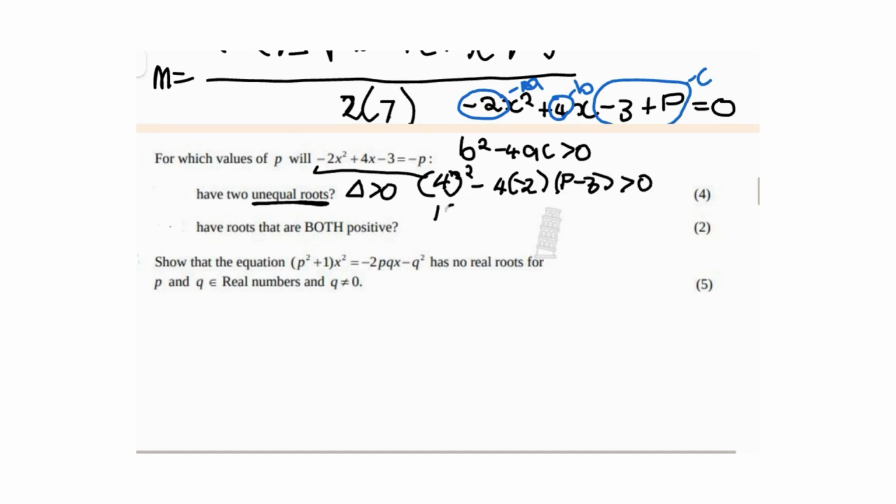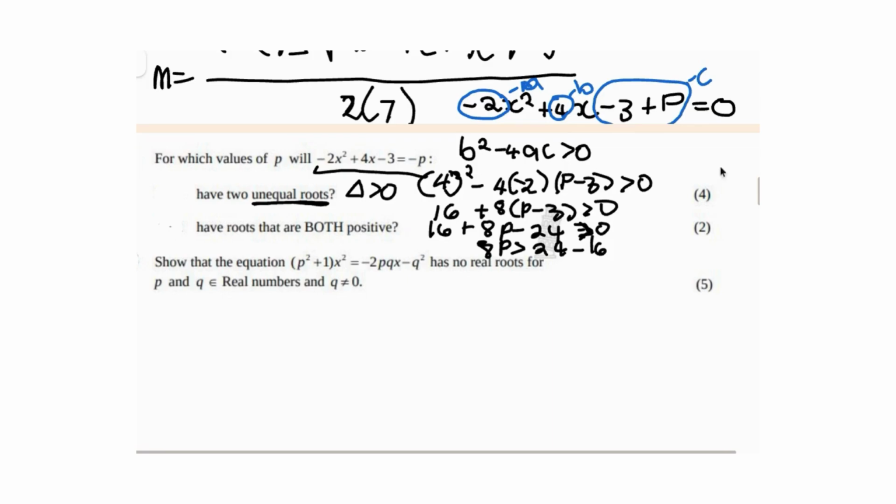4 squared gives us 16 minus 4 times negative 2, that's going to be positive 8, and I have p minus 3, so I have 16 plus 8p minus 24, it's greater than 0. Then anything else goes to the other side. I have 8p greater than 24 minus 16.